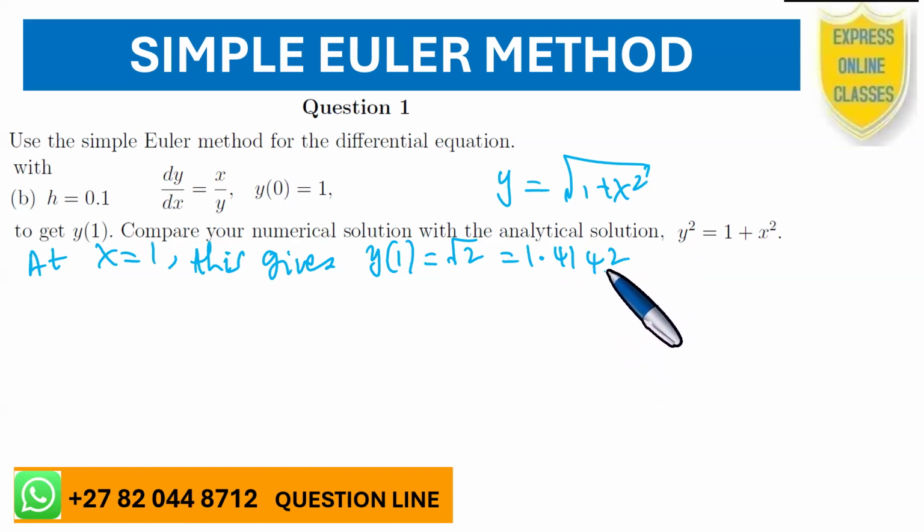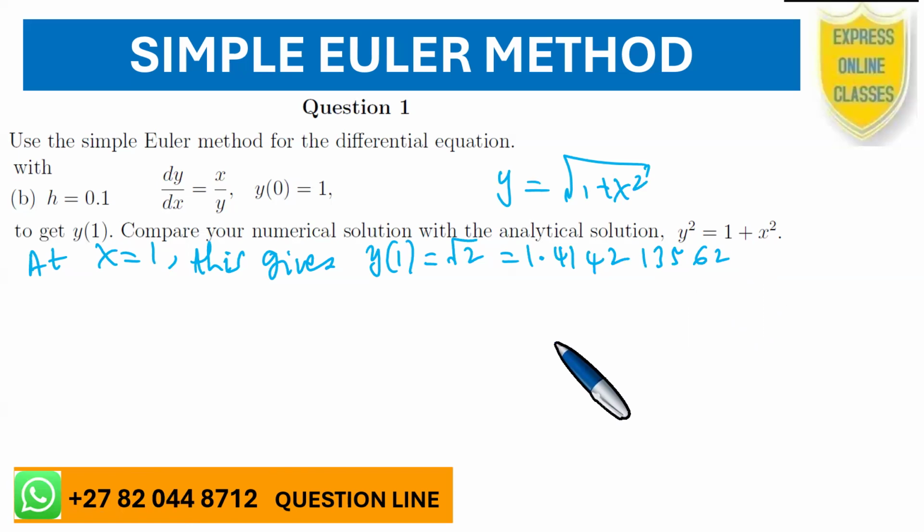The square root of 2 is 1.41, and what are the next digits? 135, then 62. Okay, let's pay particular attention to this and see what this gives us.